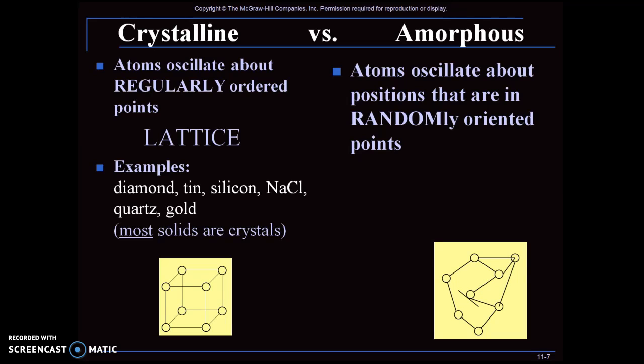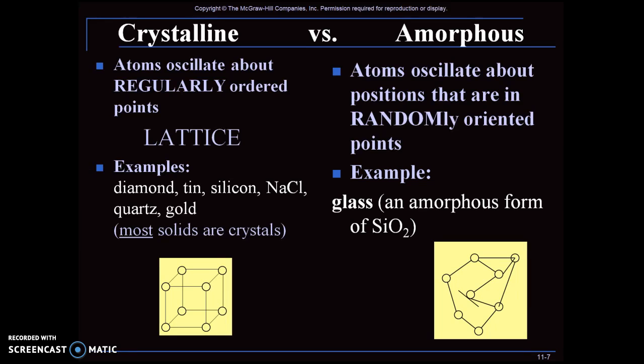The other type is amorphous. Atoms oscillate about positions that are randomly oriented points. So all these atoms within the material vibrate or oscillate at randomly oriented points. You can see the example right here is glass, an amorphous form of silicon dioxide.